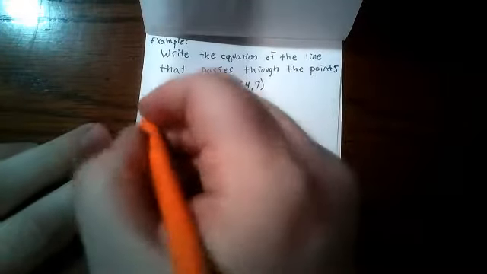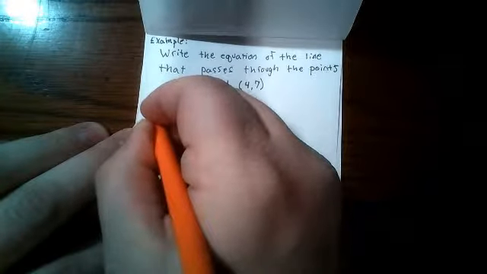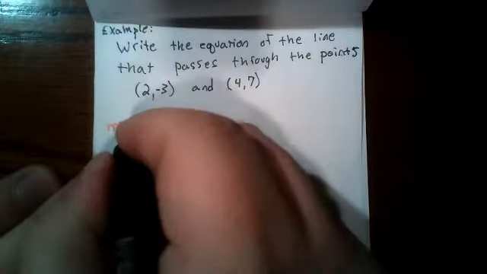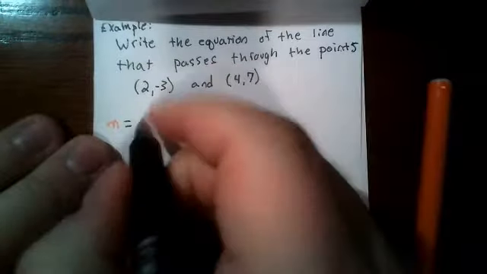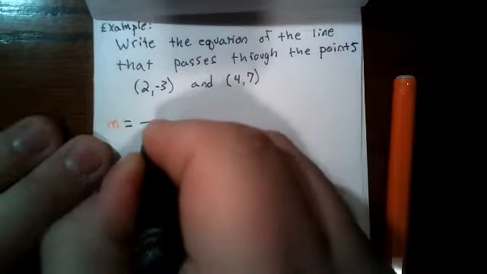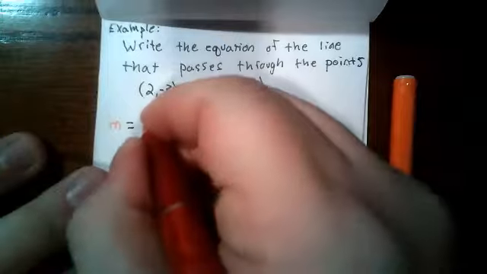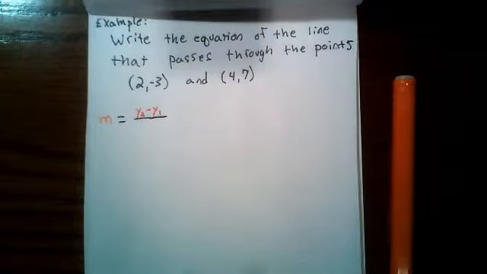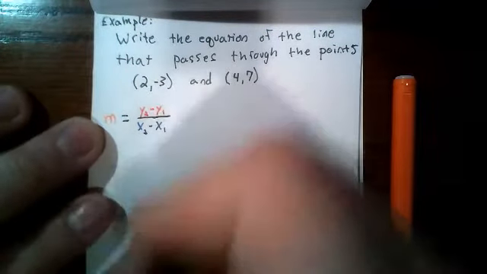So remember, the slope formula is m equals y2 minus y1, over x2 minus x1.